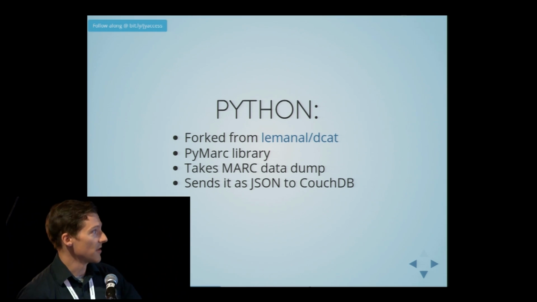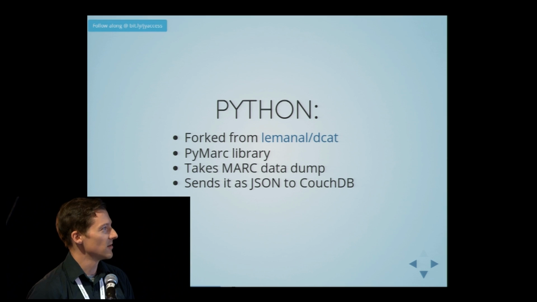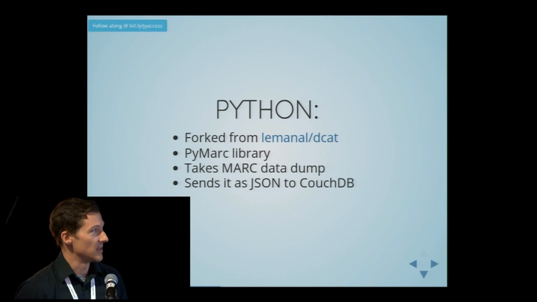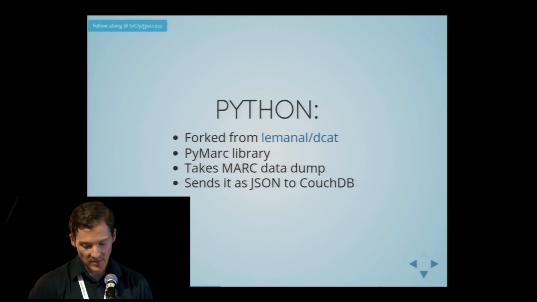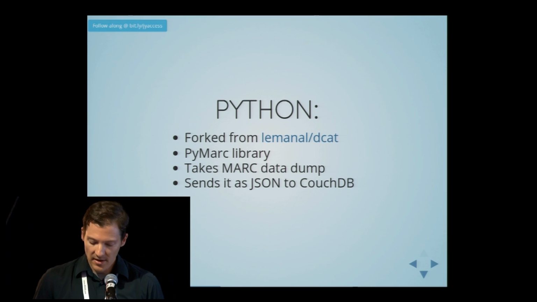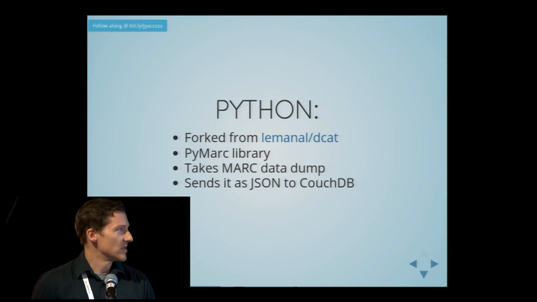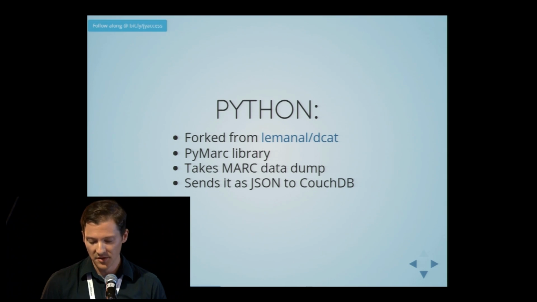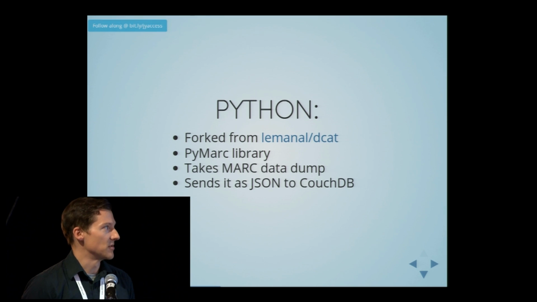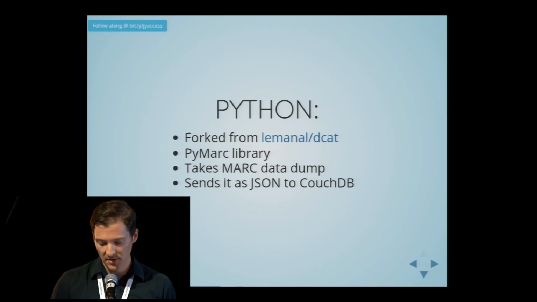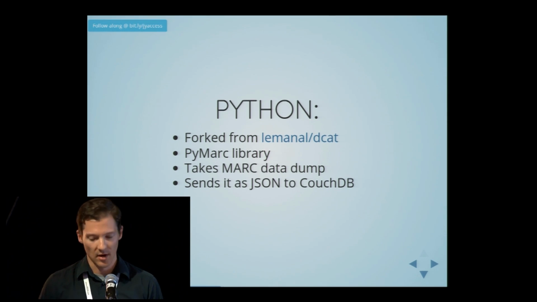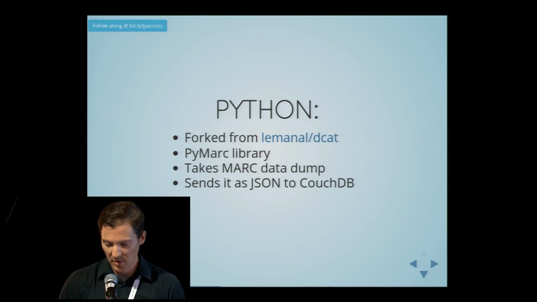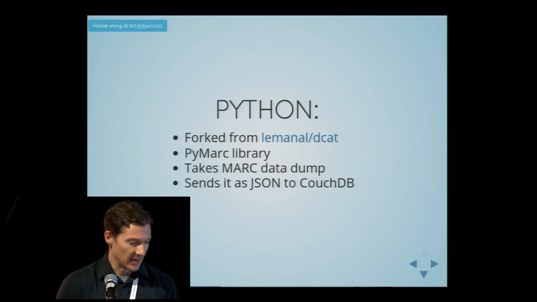So running this script sends it over to CouchDB as JSON, and on a relatively newish desktop computer, you're running about 1,000 records in about 8 seconds. I did 350,000 for this set of examples. It's the majority of the Brock library bibliographic data dump, all using JSON puts.